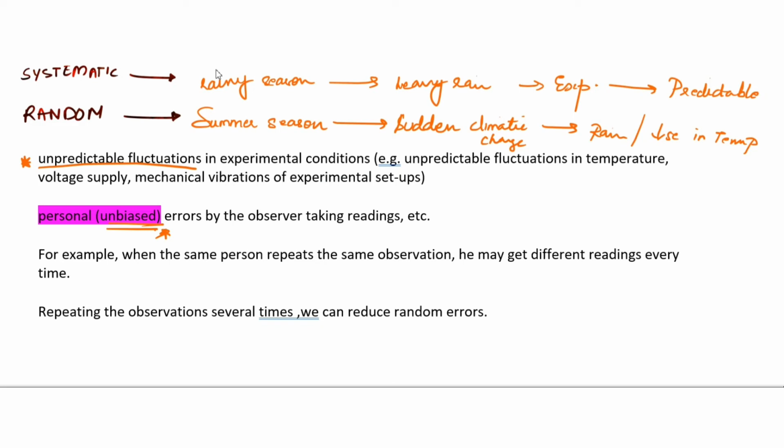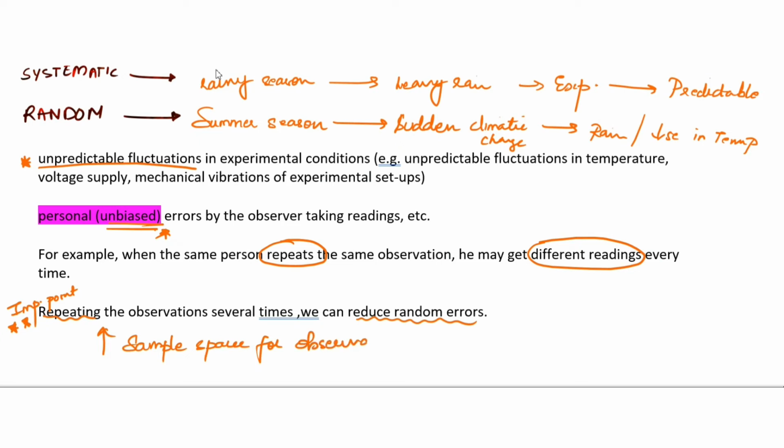Okay, so how can we reduce this? By repeating the observations several times, we can reduce random error. That is, when we increase the sample space for observation, when we increase the readings, the error decreases and the accuracy in the measurement increases. Okay, thereby we can improve our measurement.